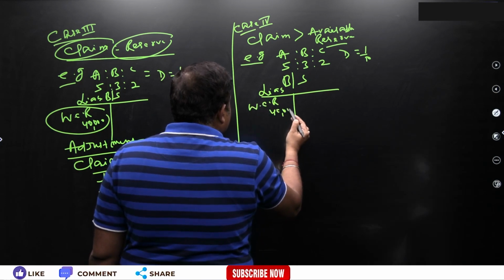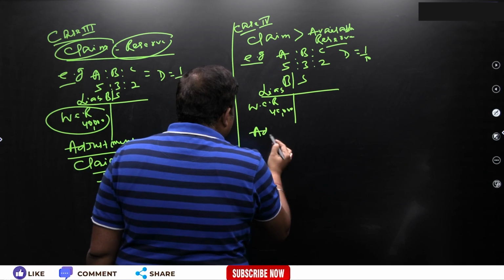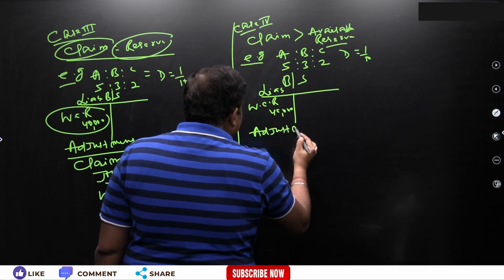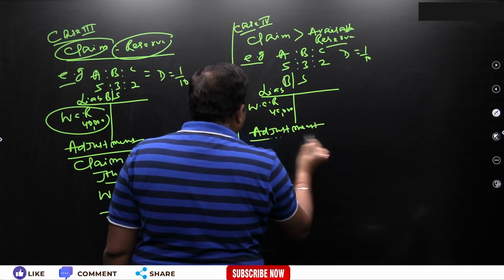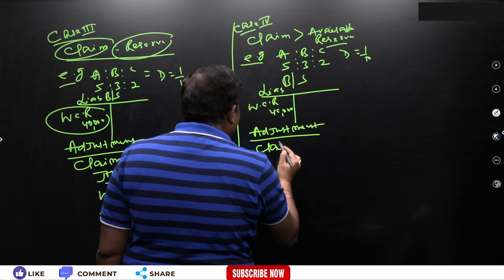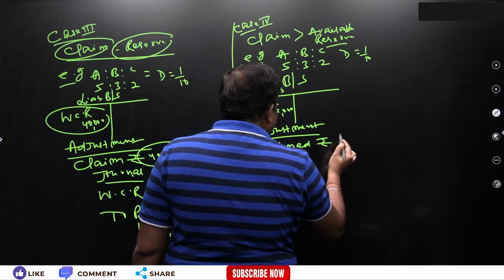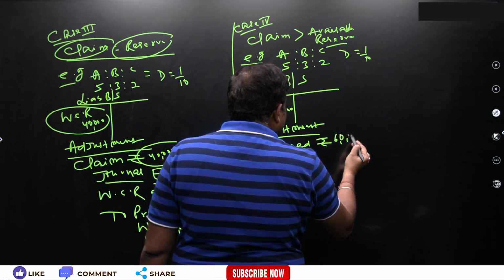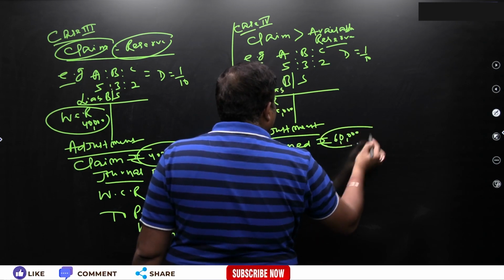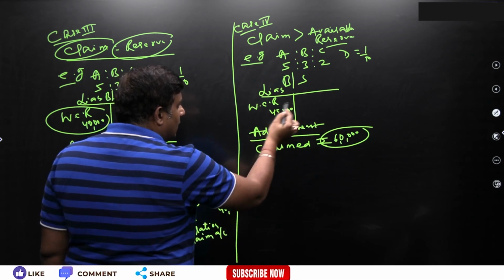Now in the adjustment they have given you the claimed amount of, say, 60,000.